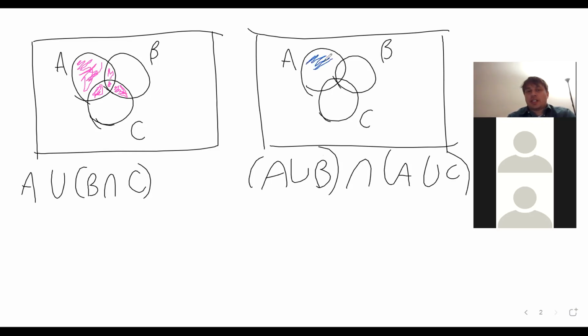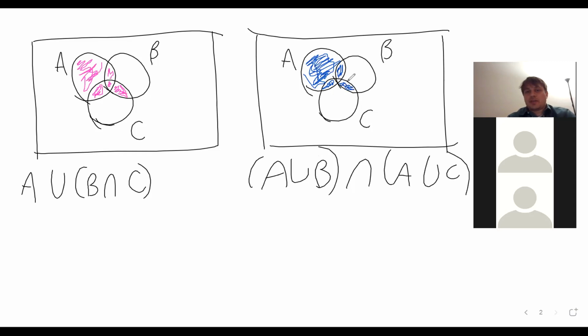So this region is in A union B, right? And it's also in A union C. This little part is in A union B and it's in A union C. This part here is in A union B, but not in A union C. This region is in A union C, but not in A union B. This region is in A union B and A union C, so I'm including that also.